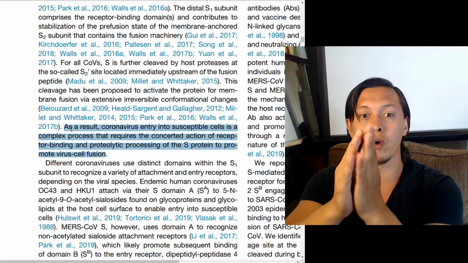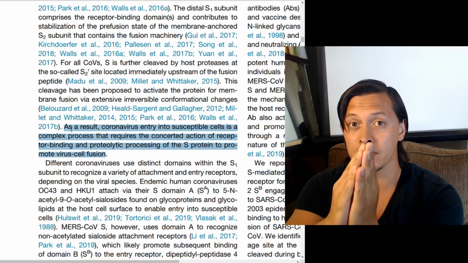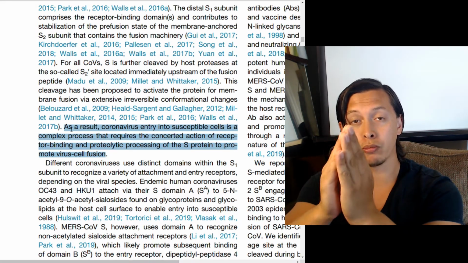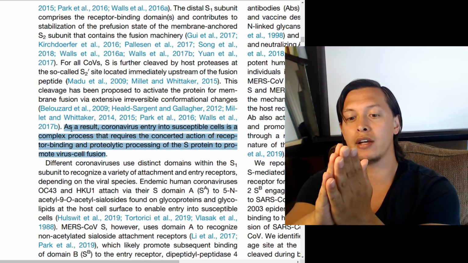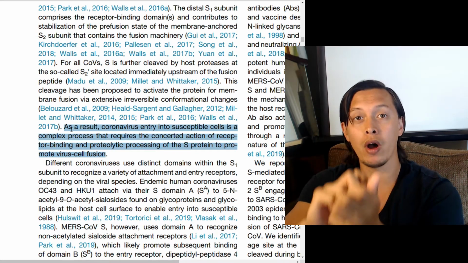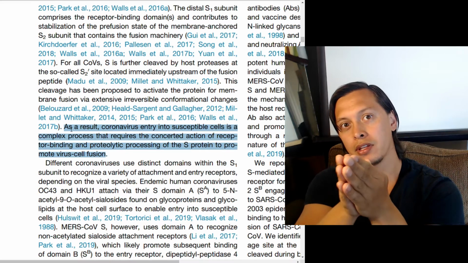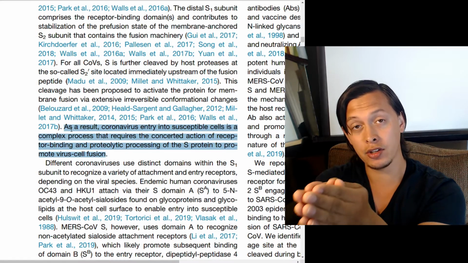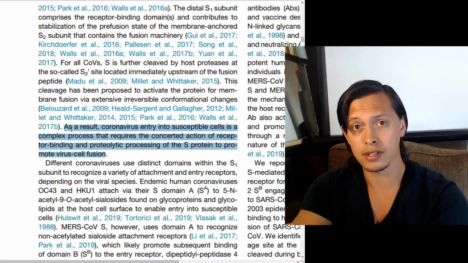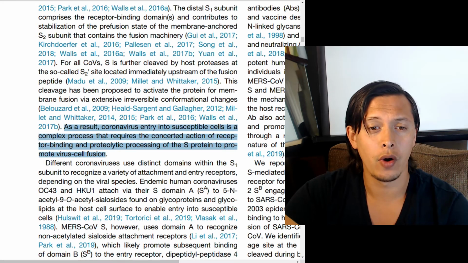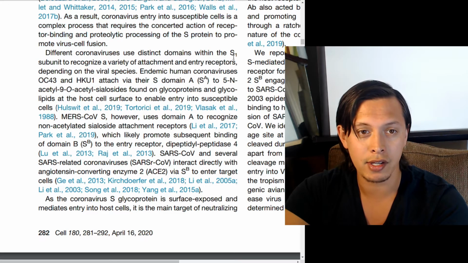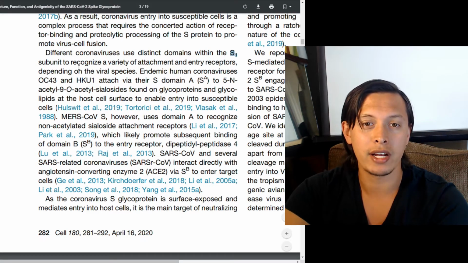So one of the best ways of accomplishing this is through proteolytic cleavage. So once you break the protein, you then create the opportunity to have a lot of different shapes. And one of the shapes helps the virus stick to the cell, and a different shape helps get the virus into the cell.